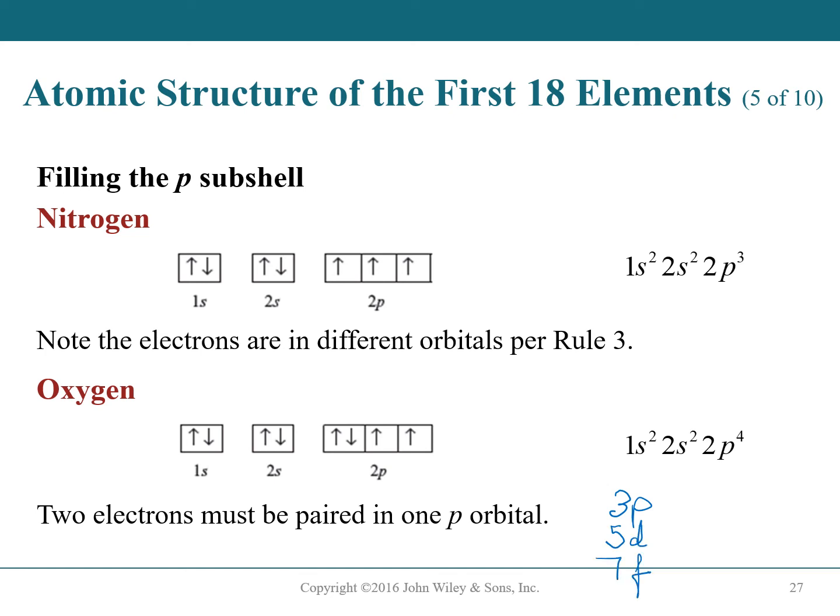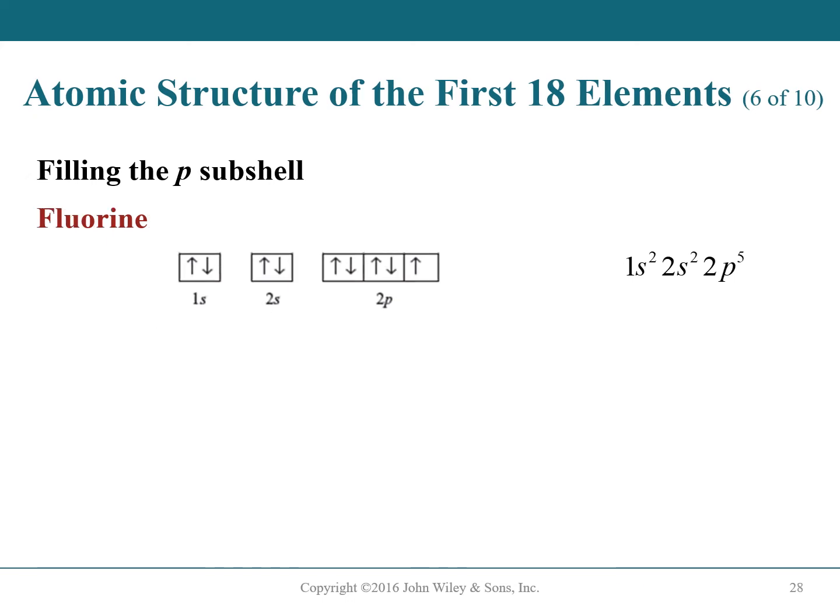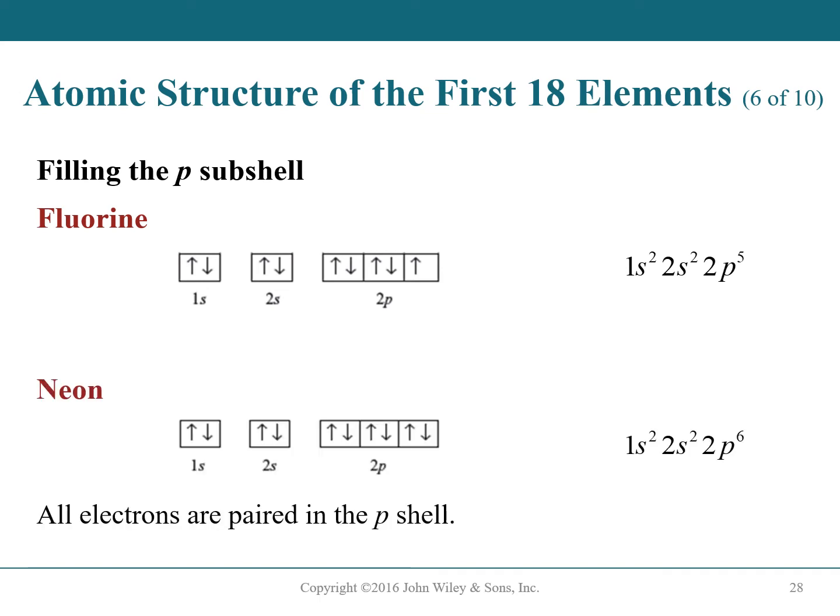The way we work it is we put in 1 electron in each until it's time to pair them, because we have no other means to do so, then we pair it. Okay? So oxygen, fluorine, again, we now have to pair it. And then when we get to neon, notice all the electrons are paired in the p shell. And this is a noble gas.